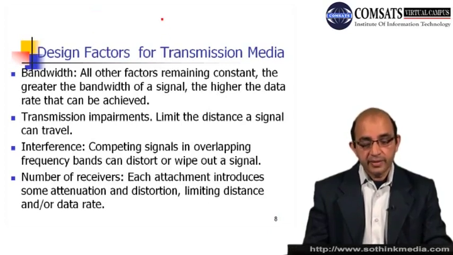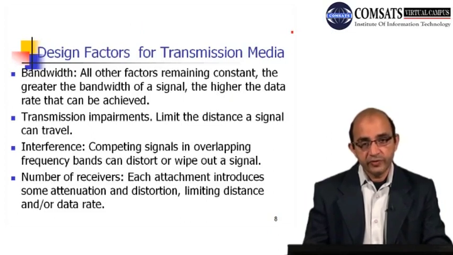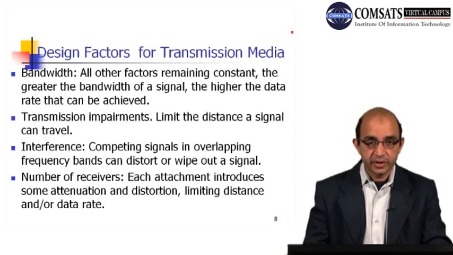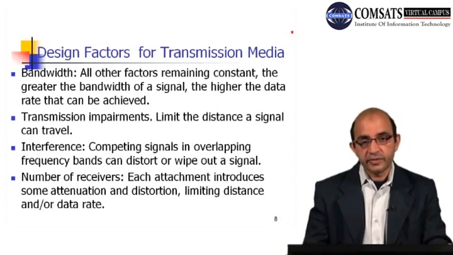Then there are some transmission bottlenecks, or you can say impairments or limitations. These are the distance a signal can travel. We wish that if we are transmitting a signal from a transmitter to a receiver, it should traverse more distance, but there is an upper limit for each transmission media.